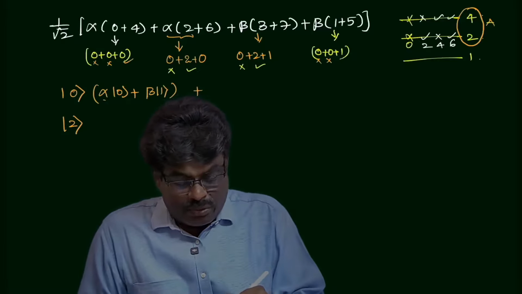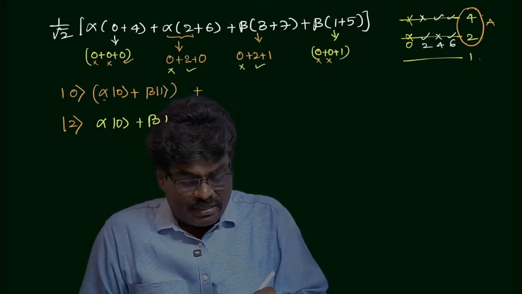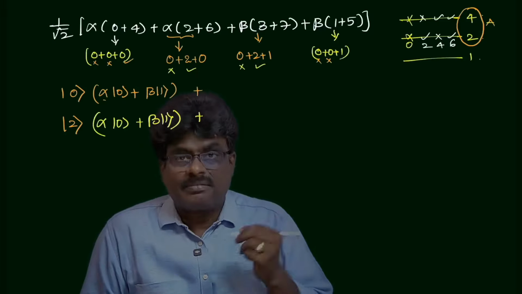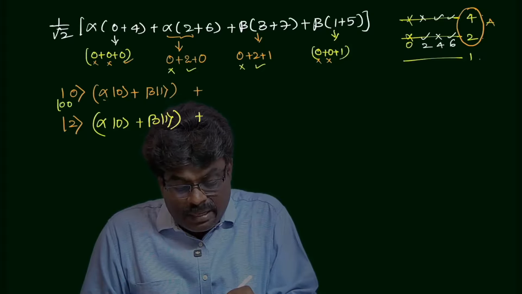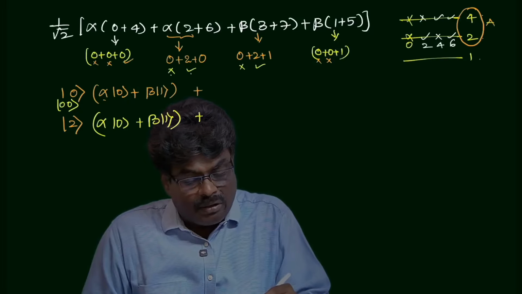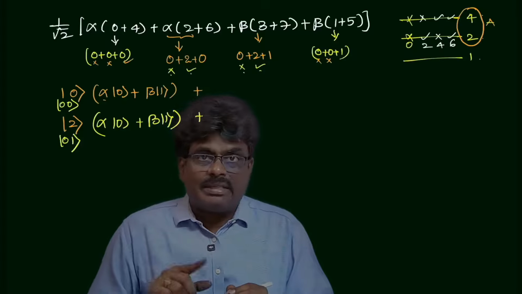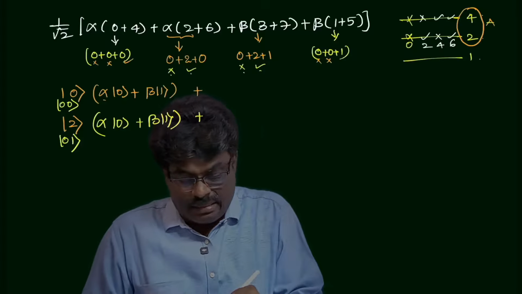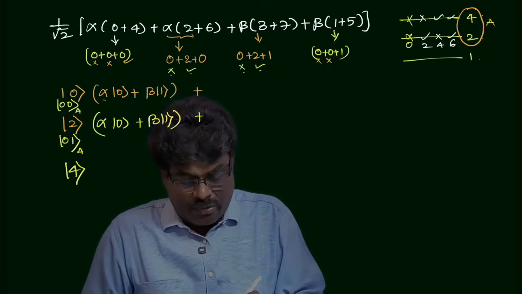So for 2, here also I am getting alpha 0 plus beta 1. If you want to represent this in binary, you can take it as 0 0. If you want to write 2, off on, that means 0 1, which exactly matches the earlier answer. This belongs to A. And next I am separating the 4.